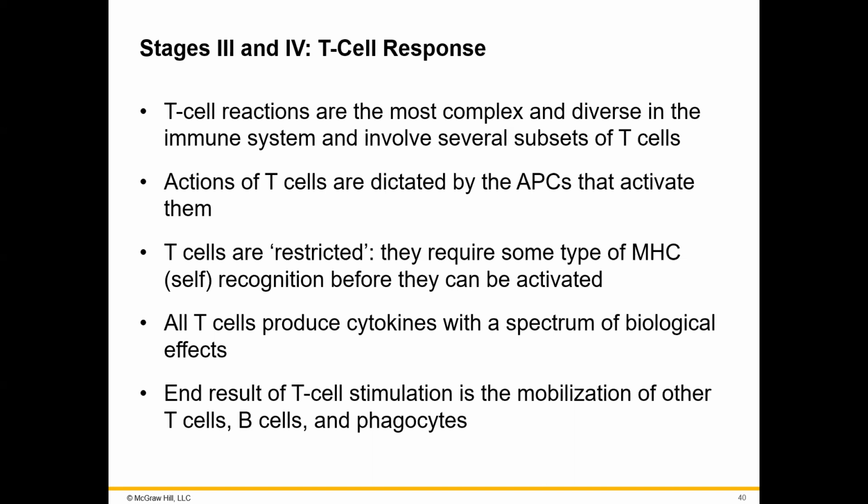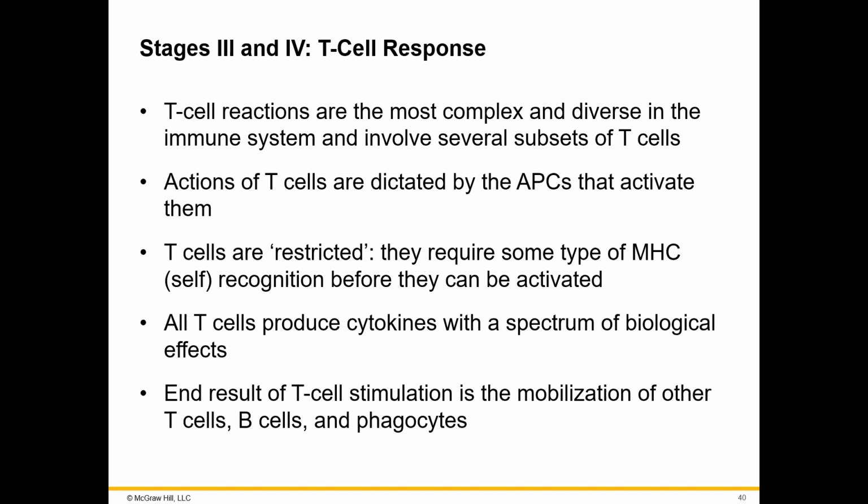Now, the T cell reactions are among the most complex and diverse in the immune system, and they involve several subsets of T cells. The particular actions of those T cells are dictated by the antigen-presenting cells that activate them. We say that T cells are restricted, so they require some type of recognition of self on the presenting cell before they can be activated.